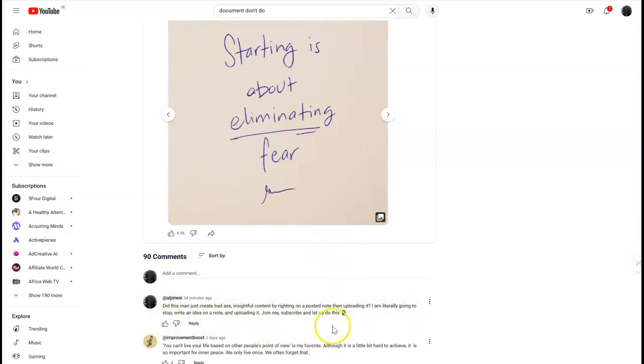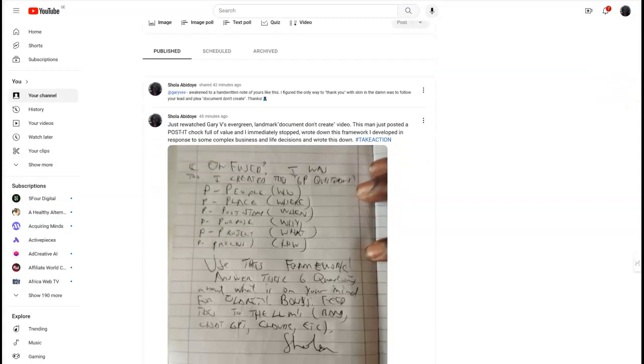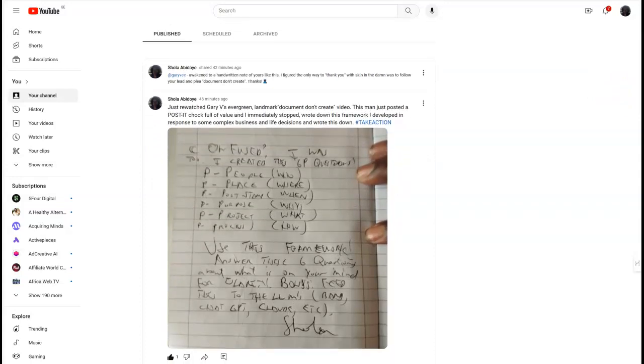So what I did was write out a framework that I created this week. Really, it started last week, but I really honed it this week, and it's called the 6P question framework.